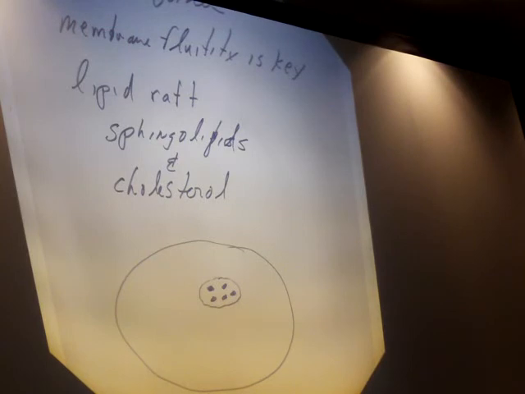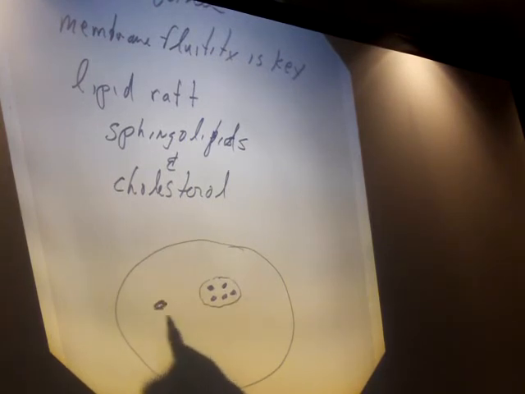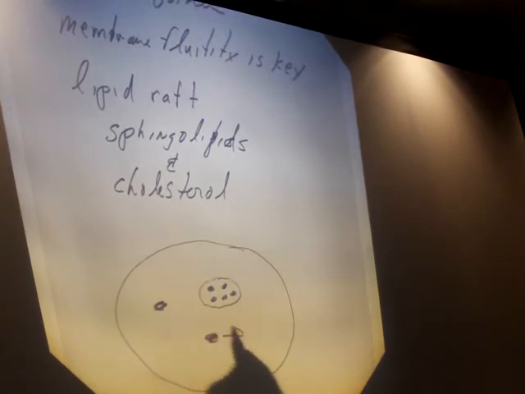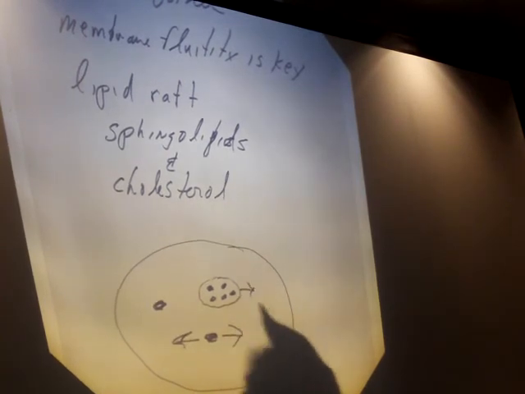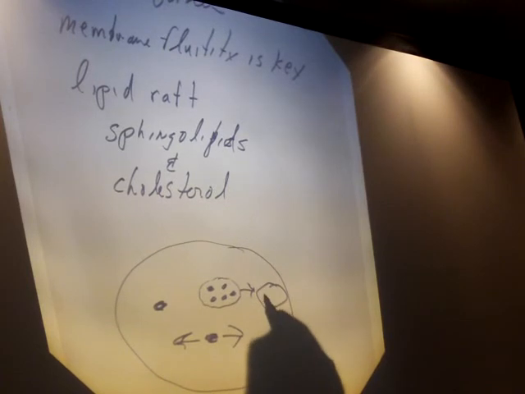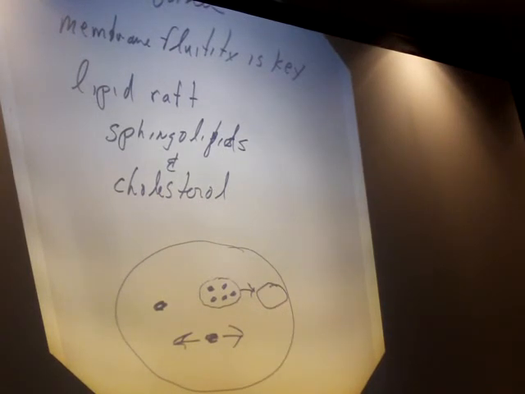They tend to localize to these relatively insoluble lipid raft fractions. And so whereas a protein sitting out here in the membrane can move independently, this kind of moves as a group. And so it floats somewhat like a raft in a sea of more liquid lipids.